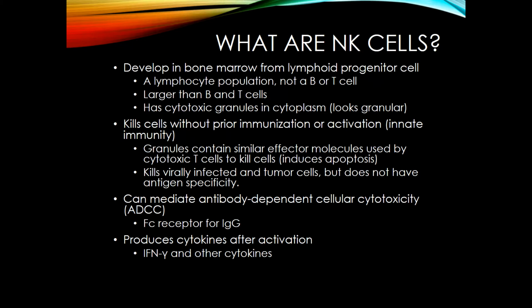It will recognize a viral antigen or a tumor antigen. And the natural killer cell is one of the cells that can recognize this antibody on the surface, because it has an Fc receptor for IgG. And so when it recognizes this, then it could kill that cell.